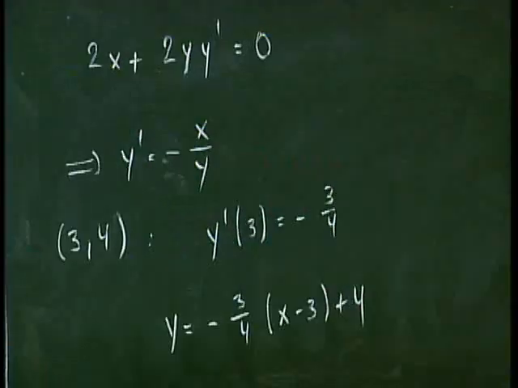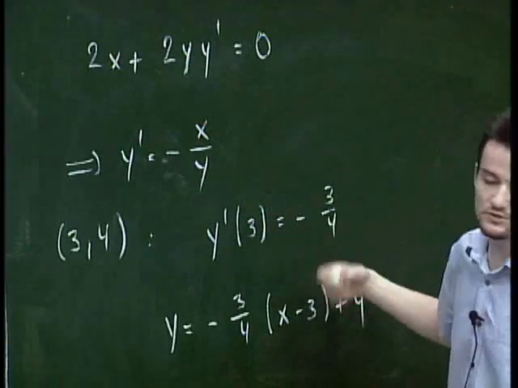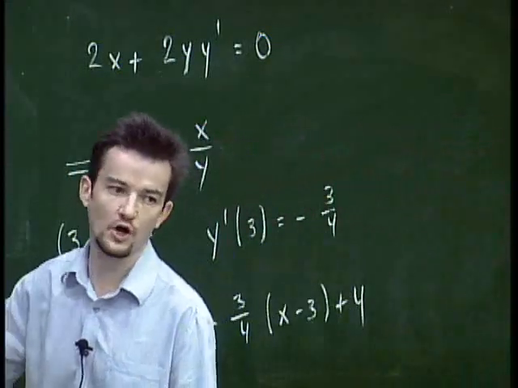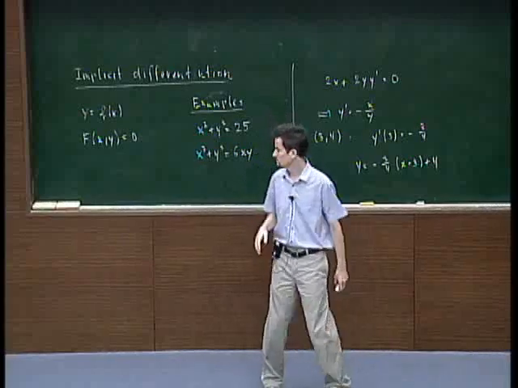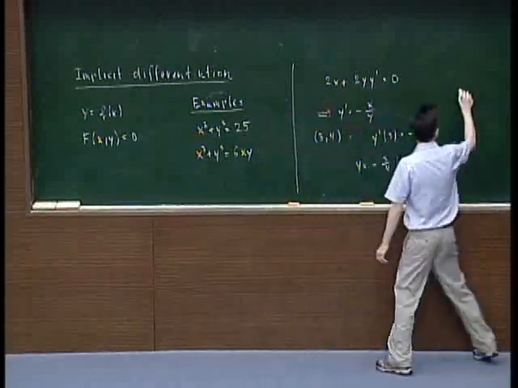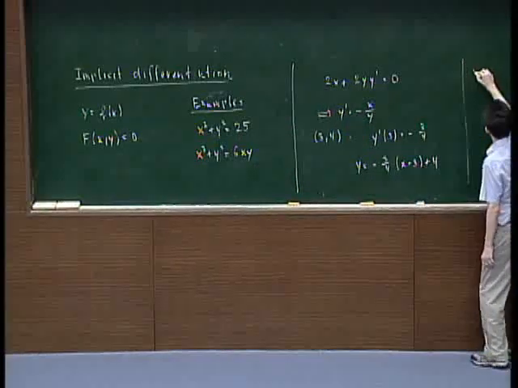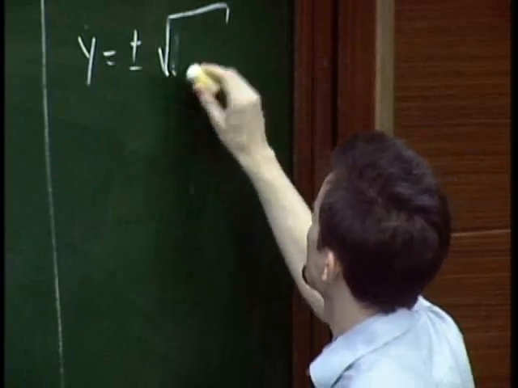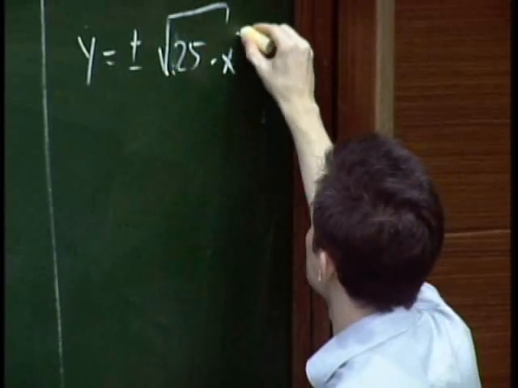So you see here, this approach is much more convenient than first solving for y, which gives you not a complicated expression in this case, but a more complicated expression than this would be here. So if we solve first for y, we would get y is equal to plus minus the square root of 25 minus x squared.